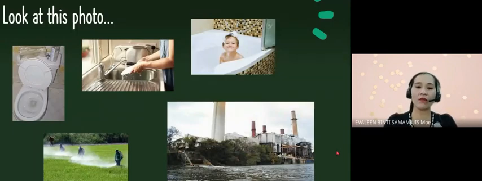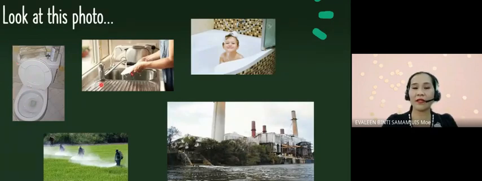Let us continue. Look at these photos. Here we have five photos. Can you identify the first photo? This one is our toilet, right?